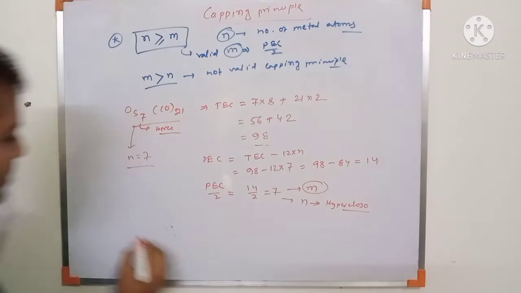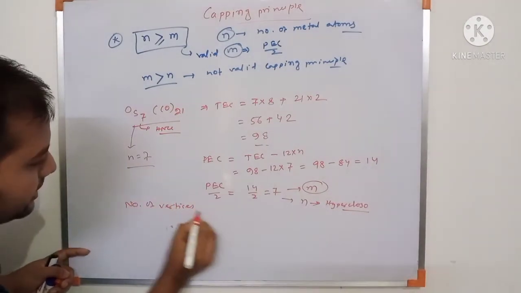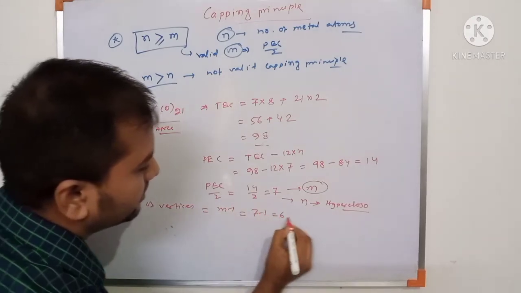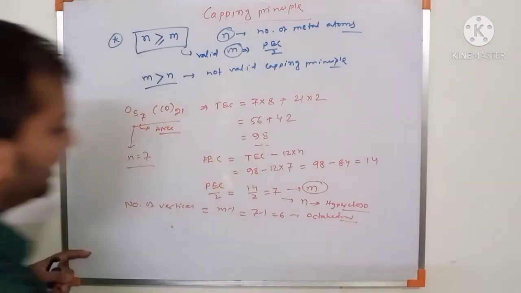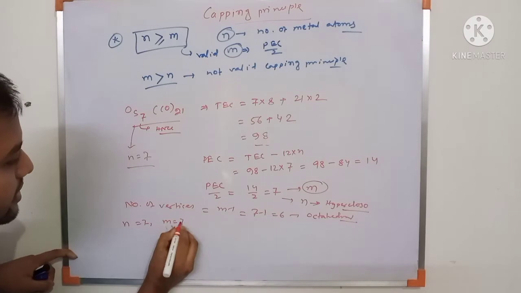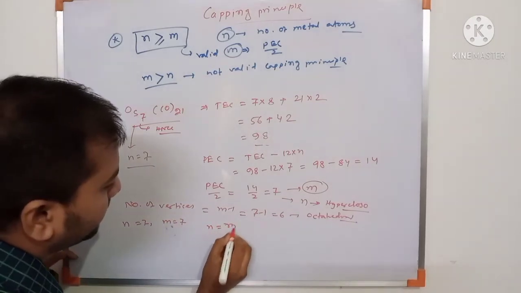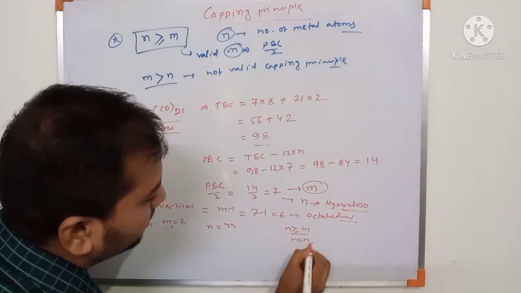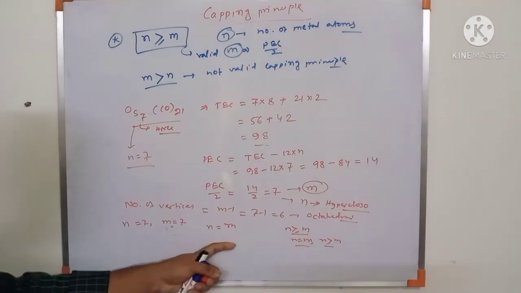The number of vertices equals M minus 1, so 7 minus 1 equal to 6. So this is octahedral. But N equals 7 and M equals 7, so N equals M. The condition N greater than or equal to M means N equal to M or N greater than M, so this is valid for the capping principle.